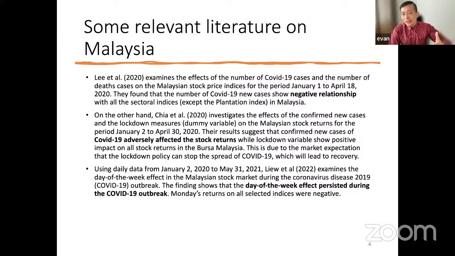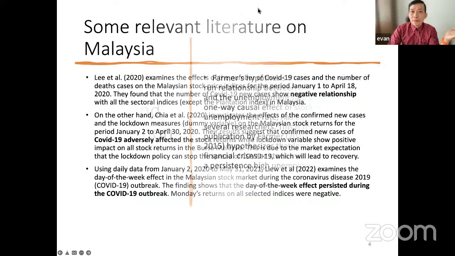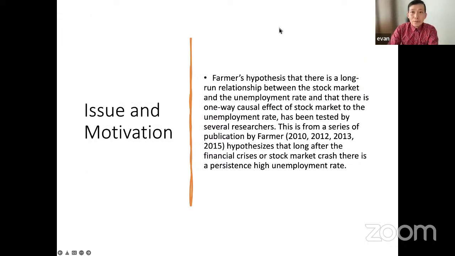Most of the time, the studies take the number of new cases or the death toll itself against the stock market, which means there's a negative relationship, as I put here in bold.